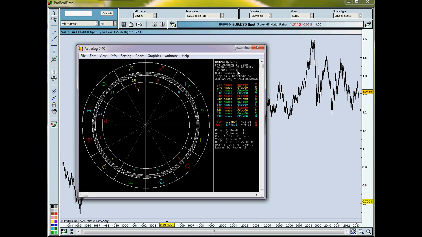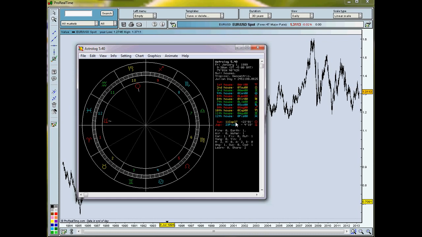Specifically, we're interested in the position of the Sun at this point in time, because the Sun is the most important planet on any birth chart. So when we look at what planets affect a market, what we're going to look for is whether Jupiter has any effects on the market when it is either conjunct or in opposition to the natal Sun, which is simply the position the Sun is in on its birthday, about 11.5 degrees in Capricorn.